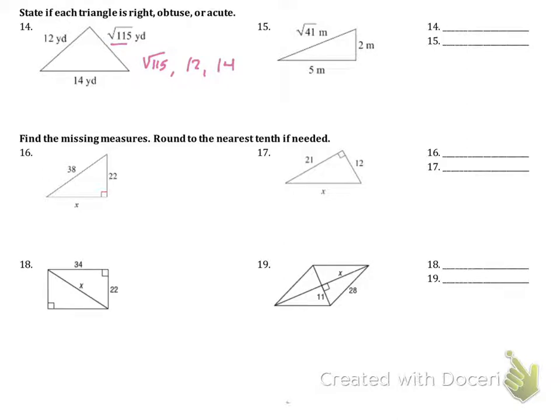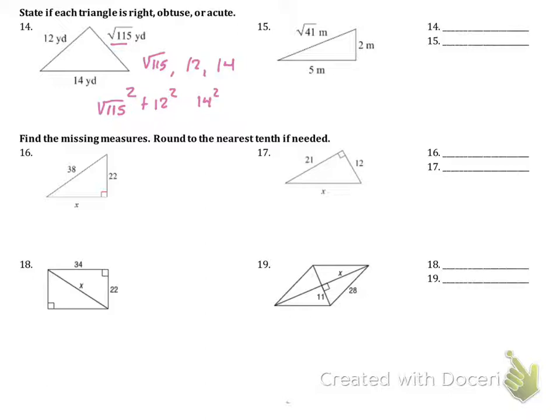So then that would mean the square root of 115 squared plus 12 squared. And then is that going to be greater than, equal to, or less than the square root of 14 squared?